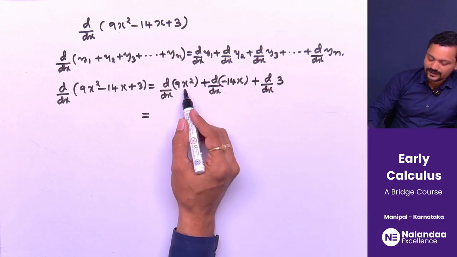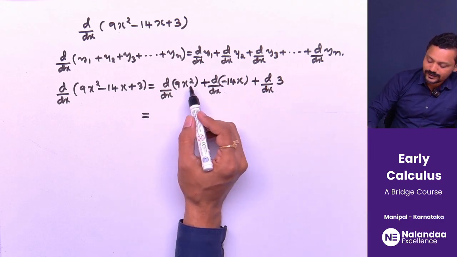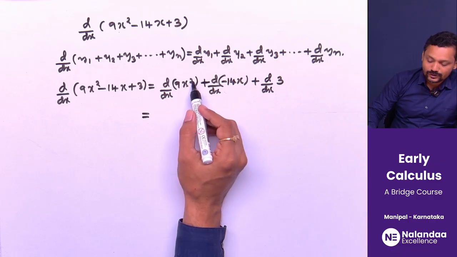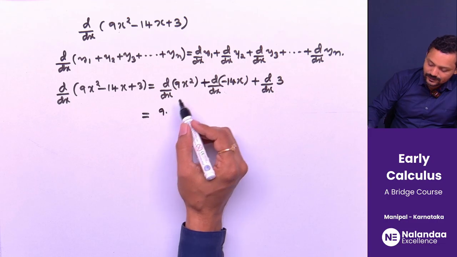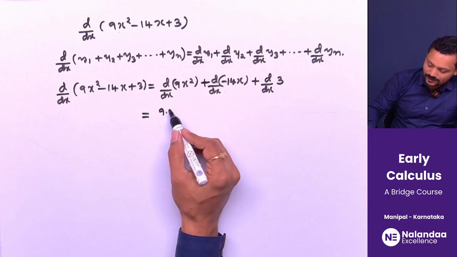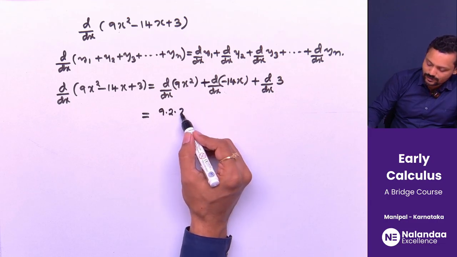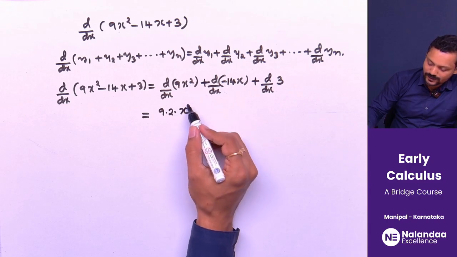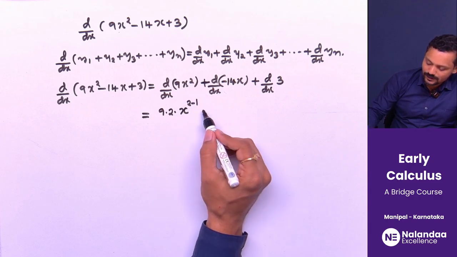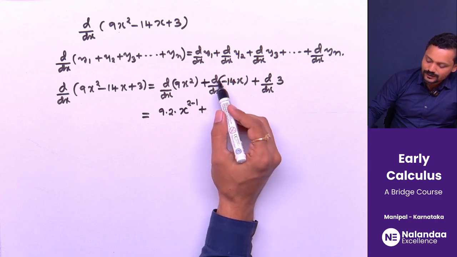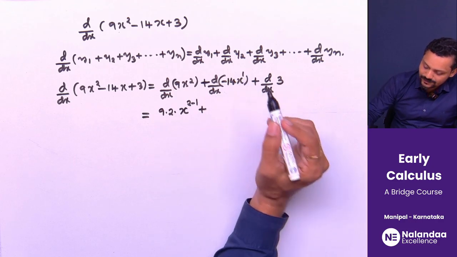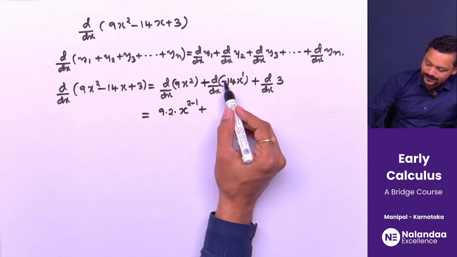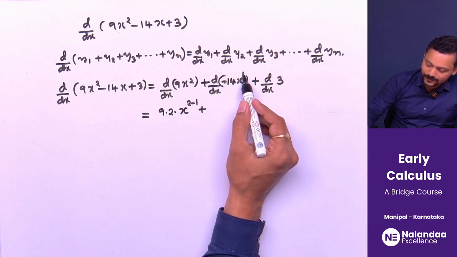Now if you look at the first term, this is of the form a into x power b. So we write a into the power, that is 2 into x power 2 minus 1, plus d by dx of minus 14x. Now this is power 1 here. So a is minus 14, x power b is 1.